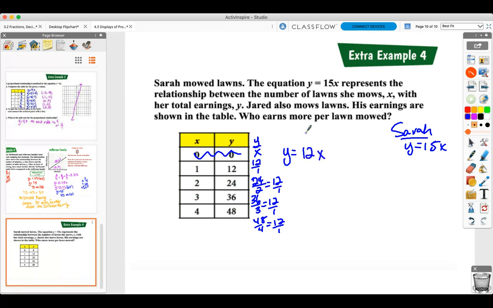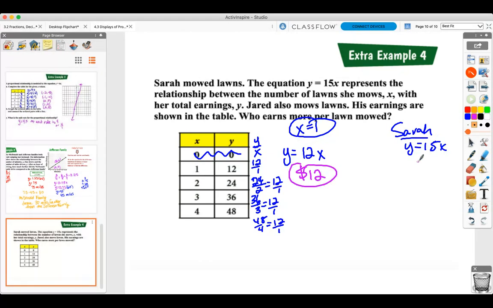Because that is our unit rate. That is our m. And now let's see who earned more per lawn mowed. So per lawn mowed means for one lawn. So x equals 1. For one lawn, who earned more? So we already know from here, for one lawn mowed, Jared earns $12.